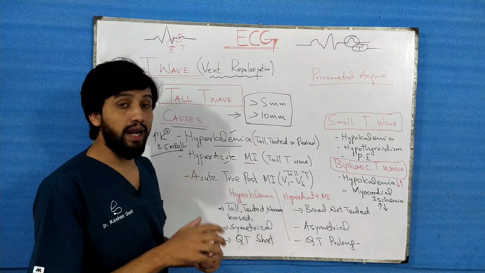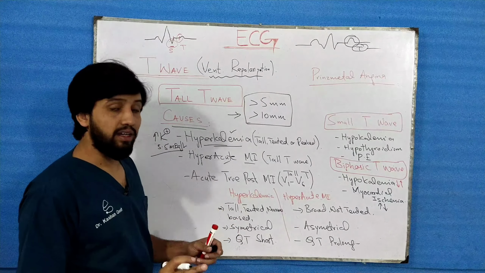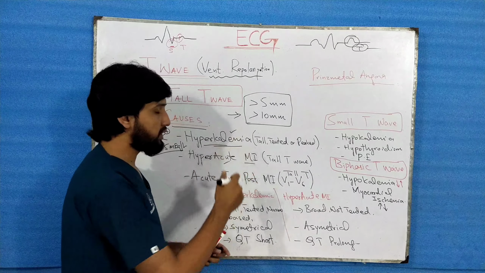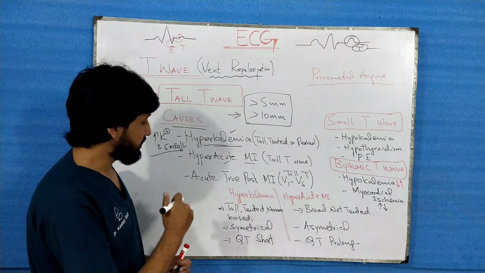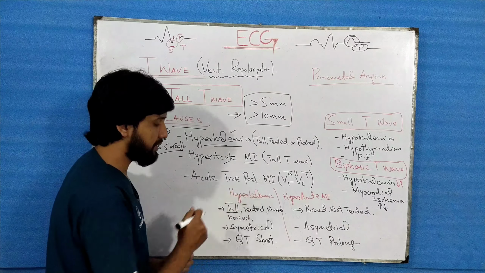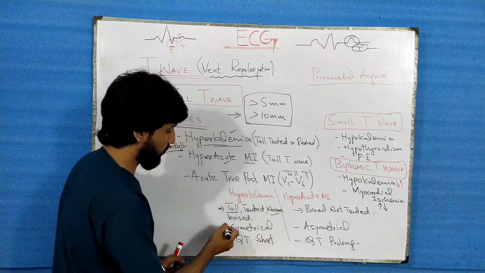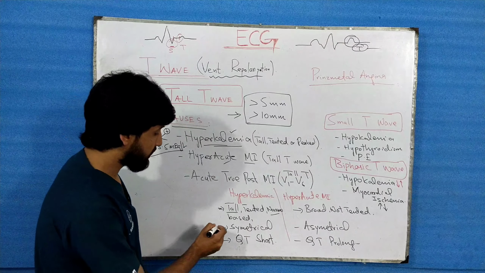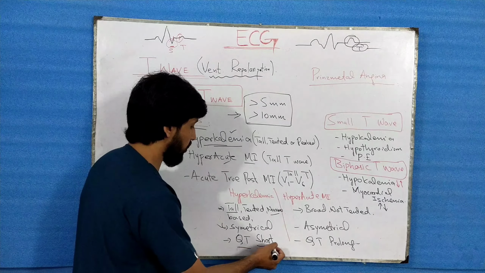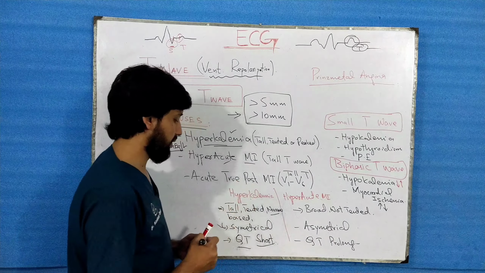It is seen usually in end stage renal disease. In both hyperkalemia and hyperacute MI you will notice the tall T wave, but the differences are, number one, the tall T wave in hyperkalemia will be tented and narrow. The second thing is the symmetrical T wave. The third thing is the short QT. The QT interval will be short in hyperkalemia.